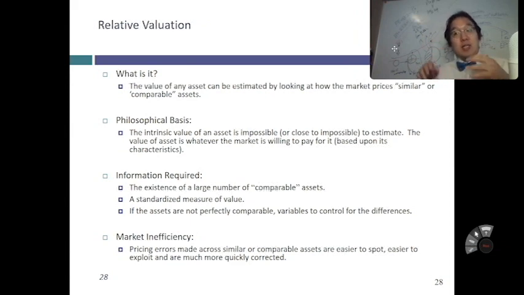Whether the market is efficient or not. Here, pricing errors made across similar or comparable assets are easier to spot, easier to exploit, and are much more quickly corrected. So here in relative valuation, we are assuming that the market is efficient on average at any given point of time, right?